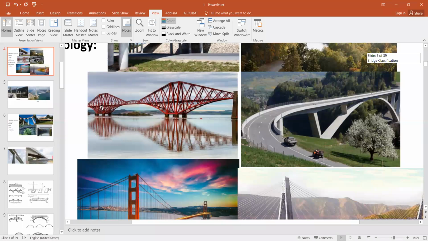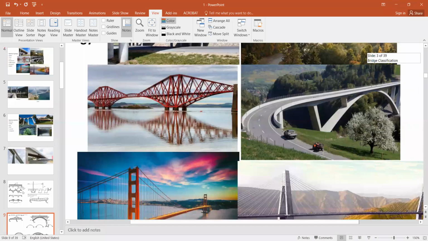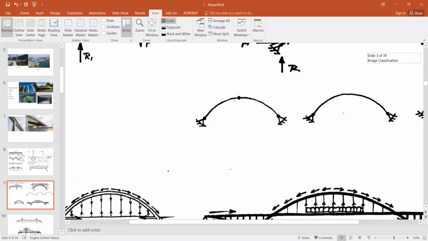A span coming from the left and a span coming from the right, and a suspended span supported by these two spans. These bridges are constructed in such a way that in the beginning they act as a cantilever structure, but when the whole structure is built, the structure configuration changes from the cantilever to a continuous beam. So this is the basic concept behind these bridges.